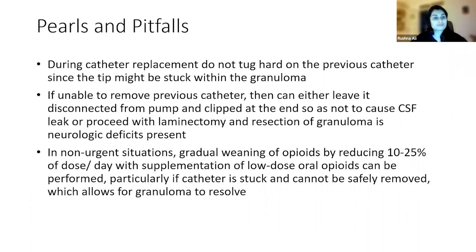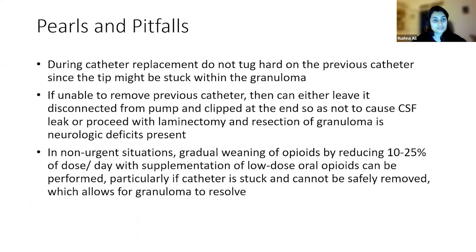Some pearls and pitfalls to remember during catheter replacement: do not tug hard on the previous catheter since the tip might be stuck within the granuloma. If unable to remove the previous catheter, you can either leave it disconnected from the pump and clipped at the end, so there's no CSF that continues to flow through it, or proceed with a laminectomy and resection of the granuloma, particularly if there are neurologic deficits.